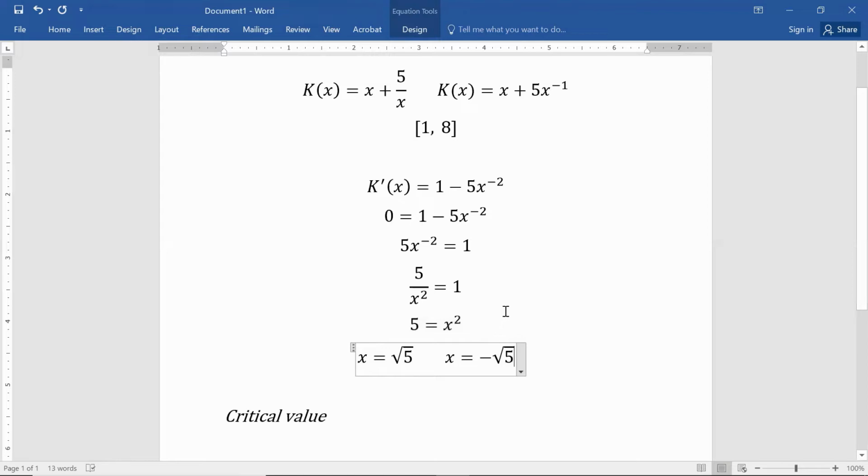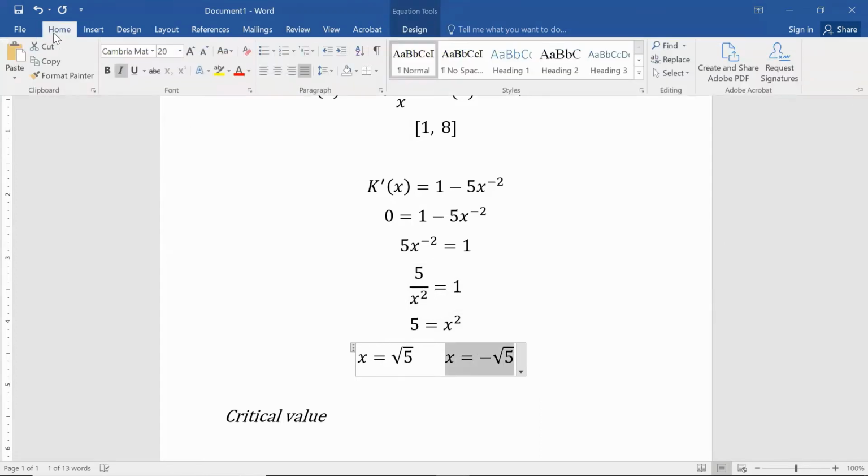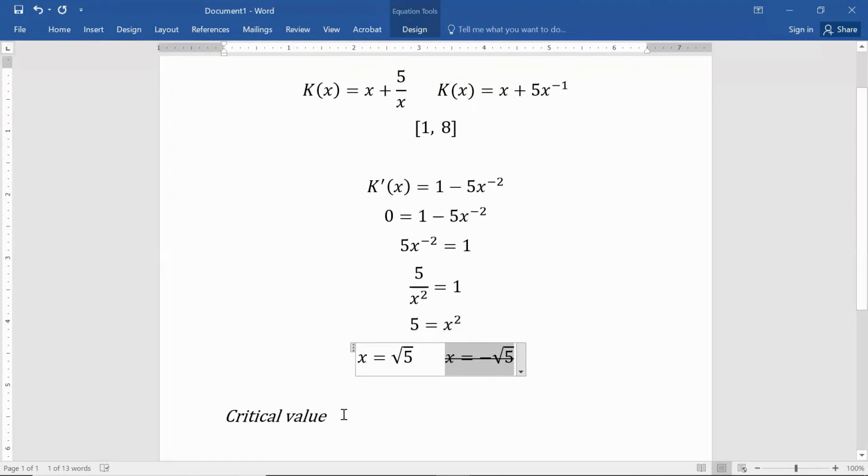Since my interval is between 1 and 8, I can take the negative square root of 5 and just run a line through it. That means I only have one critical value in this interval, and that's what happens when you have an x value of square root of 5.